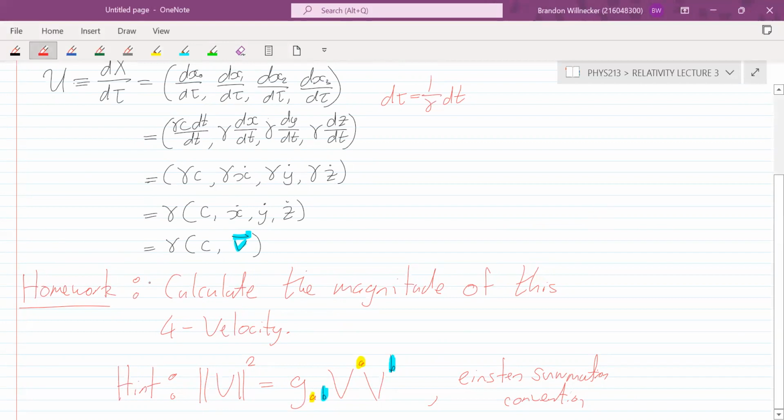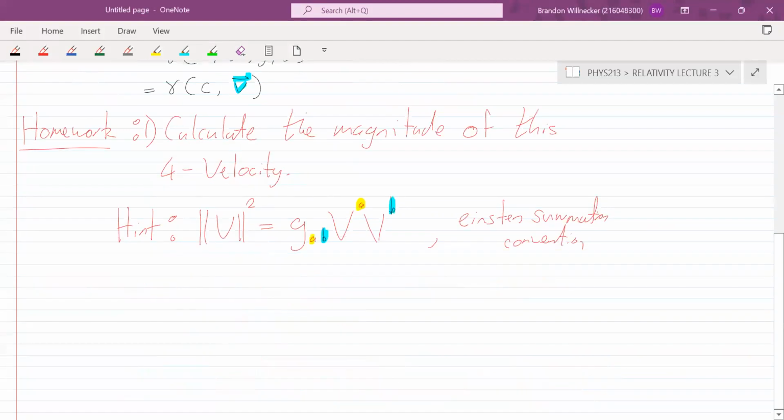Okay, so that's part 1. And then part 2. What does this tell us about your speed through space-time?